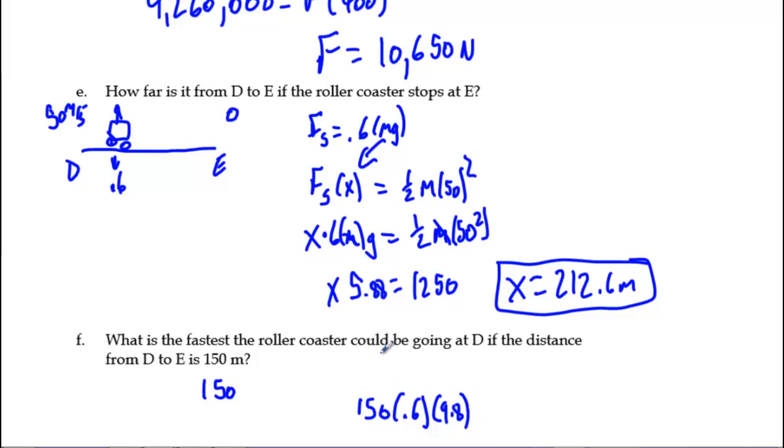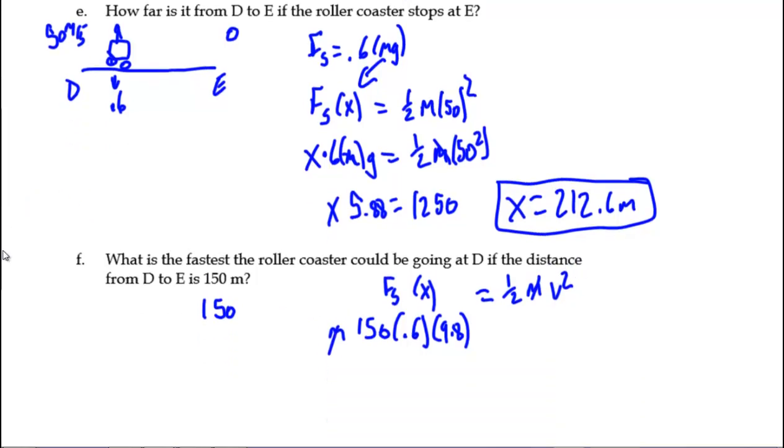So this is the static frictional force times the distance is equal to, and technically mass is in here, the change in kinetic energy, which is 1/2 mass times velocity squared. But again, our masses are going to cancel.